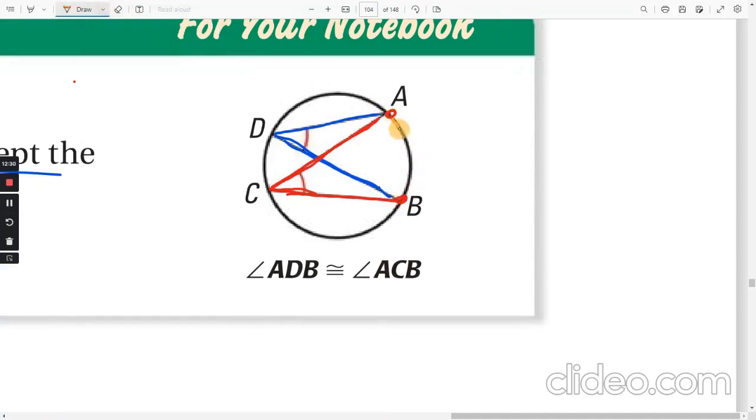Right here is arc AB. Since they both intercept the same arc, they're both congruent. So those two angles have the same measurement because they intercept the same arc.